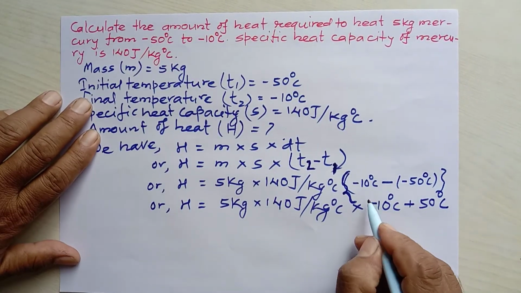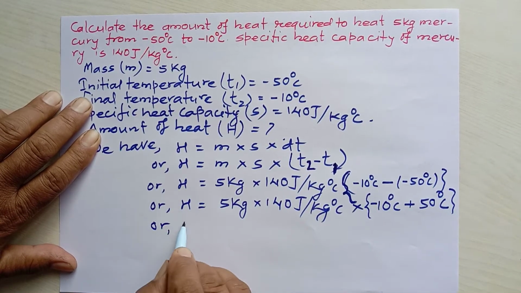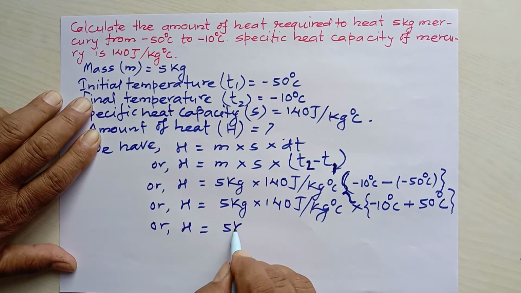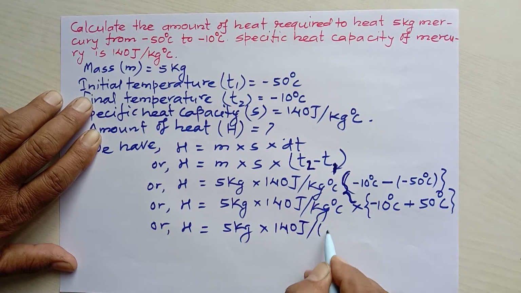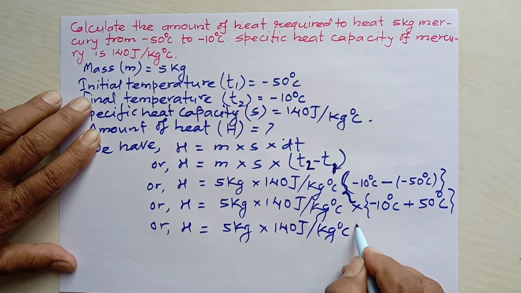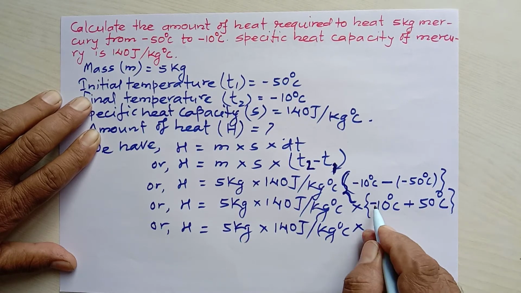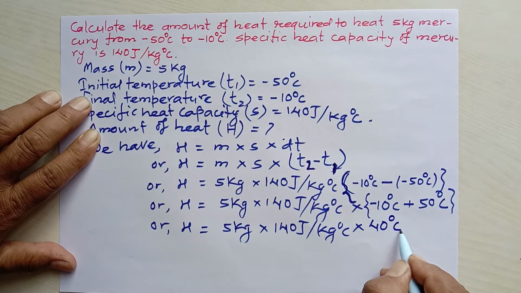Now what happens in this expression? H is equal to 5 kg into 140 joule per kg degree Celsius into 50, which is positive, and 10, which is negative. 50 minus 10 becomes 40 degrees Celsius.